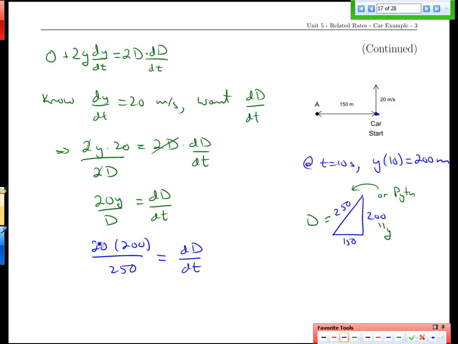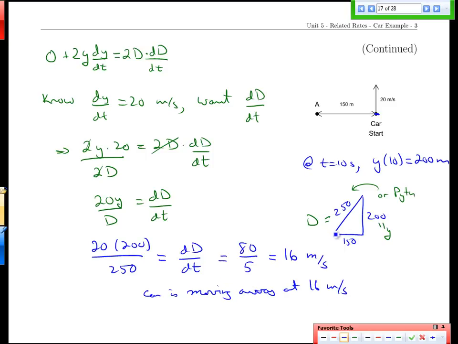That's 4/5 of 20, that would be 80/5, or better known as 16 meters per second. The car is moving away at 16 meters per second from the observer.